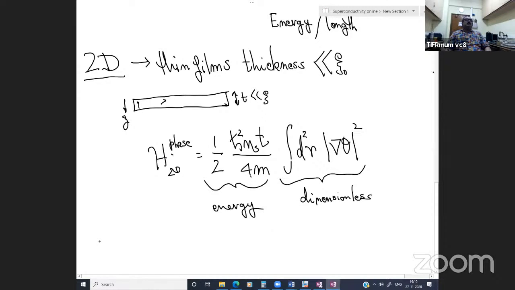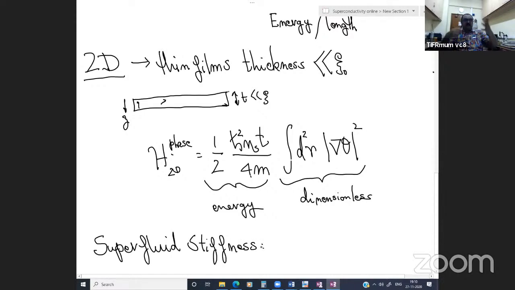This is what is defined as the superfluid stiffness. Actually, superfluid stiffness means it is a superfluid phase stiffness.